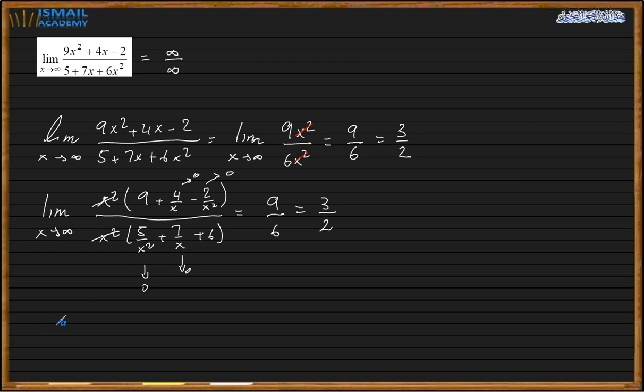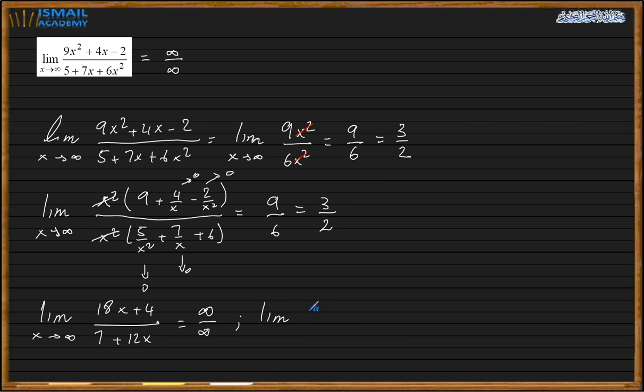Let me show you the L'Hopital rule. We have the limit. Here I take the derivative of the first one, so it's going to be 18x plus 4 over 7 plus 12x when x goes to infinity. When I apply infinity here, I will end up having infinity over infinity. So again, I take the derivative of the top over the derivative of the bottom.